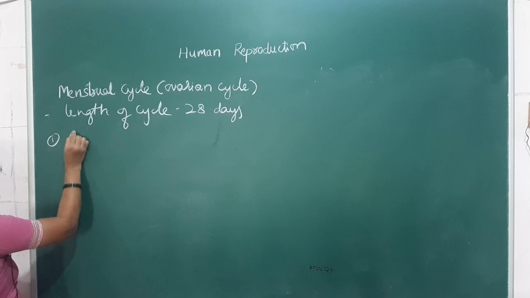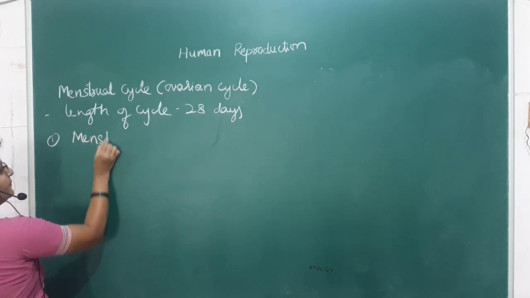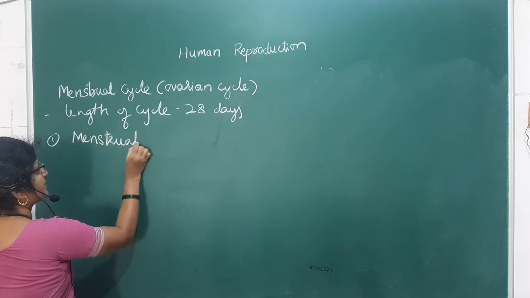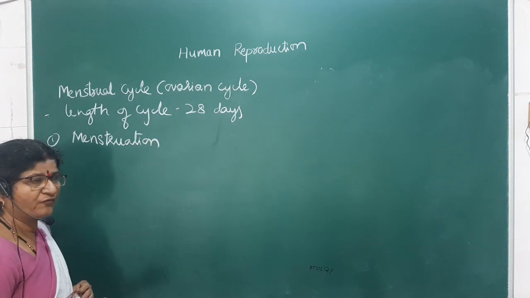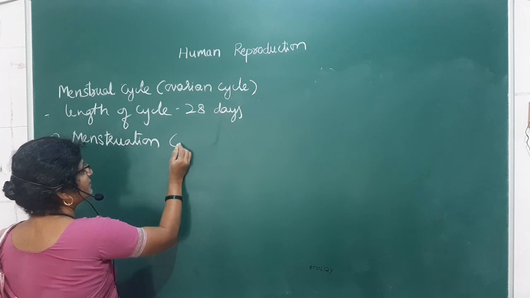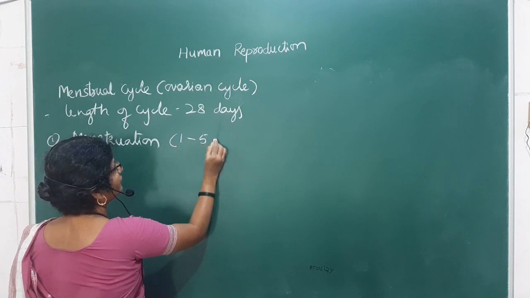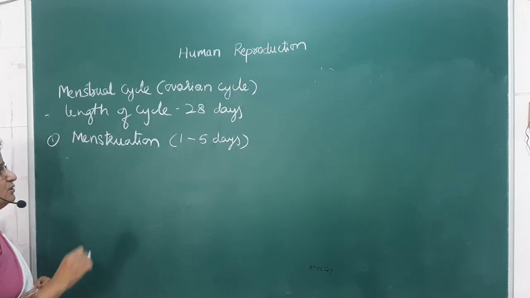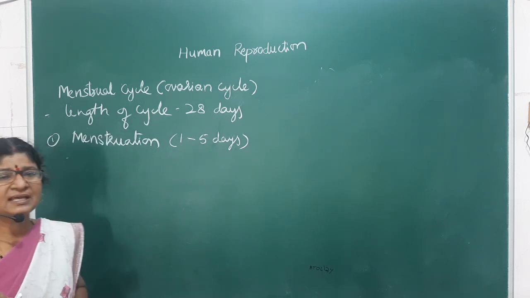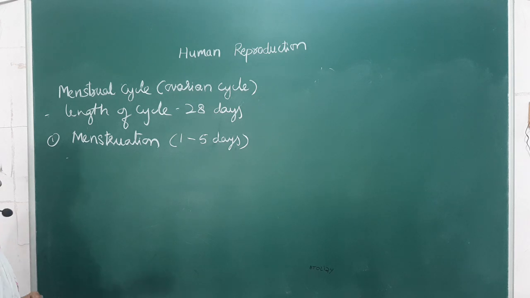The first phase is the menstruation, which is also called the destructive phase. This phase lasts from 1 to 5 days. The important feature of this phase is the discharge of blood.